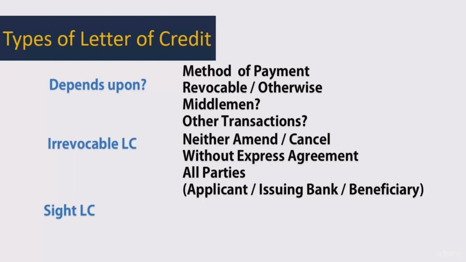It means the buyer is opening the LC in favor of the seller just to get his confidence, so that he can send the goods, because the goods have to travel a longer distance, and the seller has a fear whether the buyer would pay or not without credit itself, because there is going to be a transit period, so there is a fear. So the seller has insisted on LC and the buyer has opened the LC in favor of the seller, and that is a sight LC.